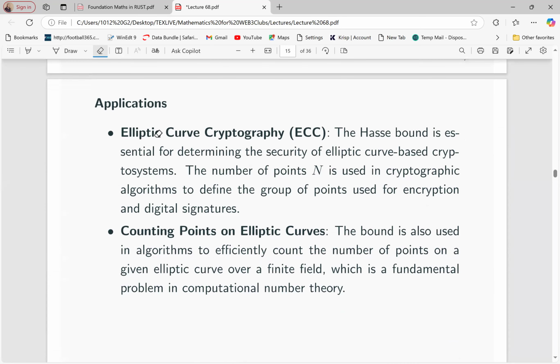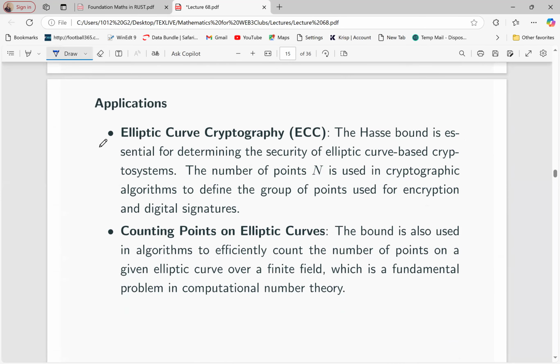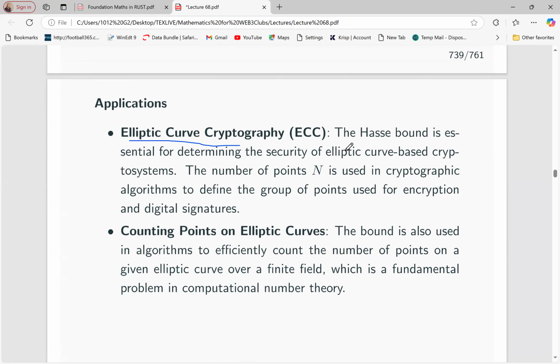So what is the application of this? Where do you apply this theorem? I've said this theorem can be applied in elliptic curve cryptography. And how it is applied is essential for the security of elliptic curve-based cryptosystems.